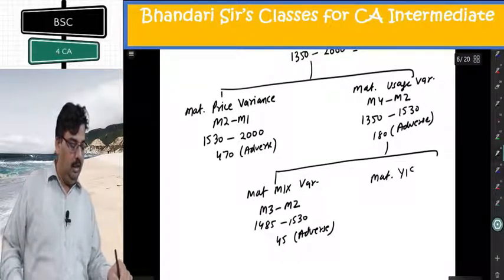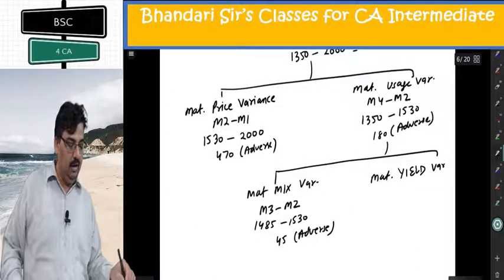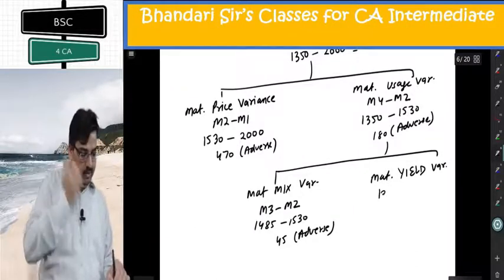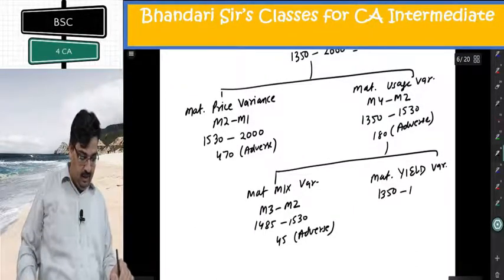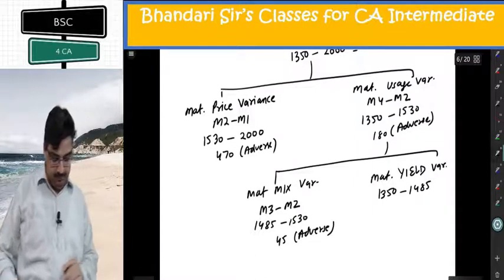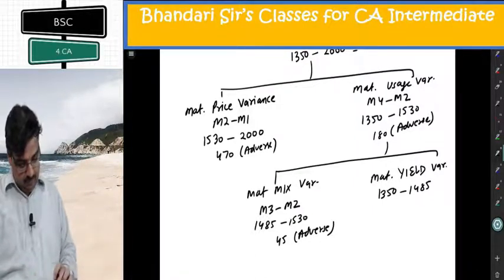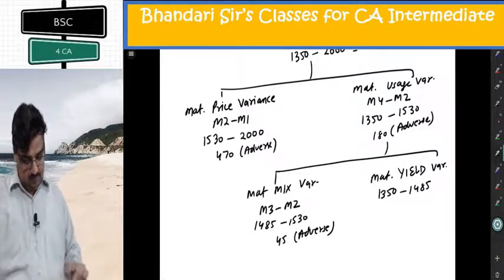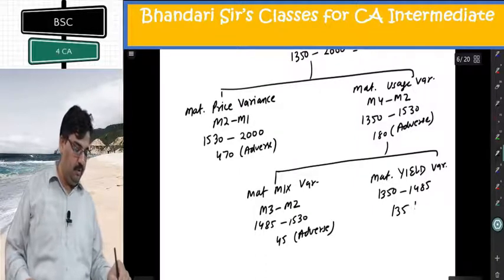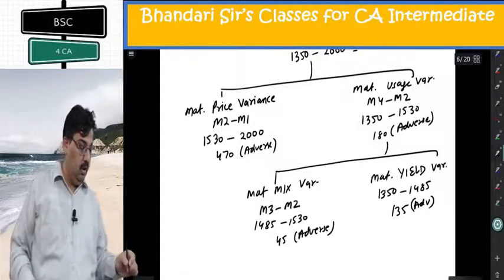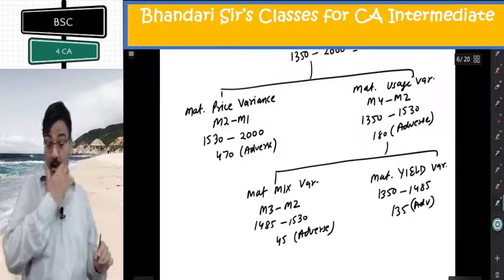And material yield variance, it was given, I am just verifying here, 1350 minus 1485, 135 adverse. Now I am writing there part by part answers.